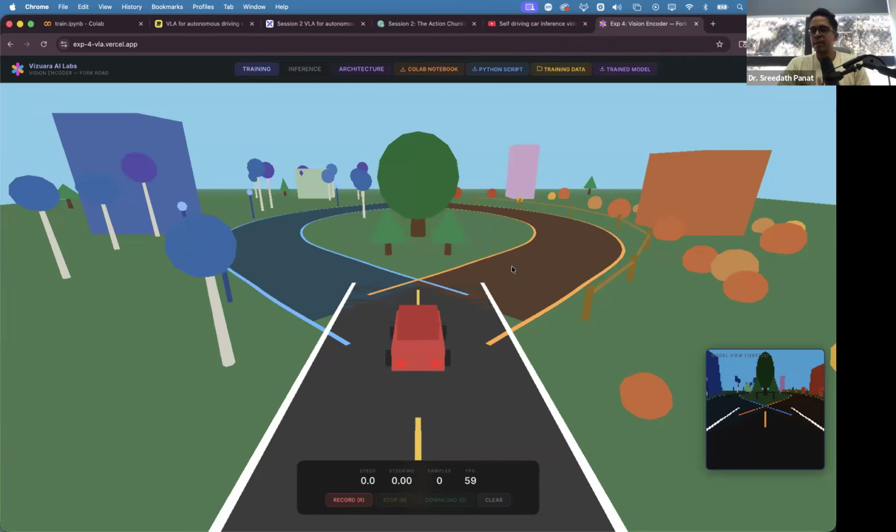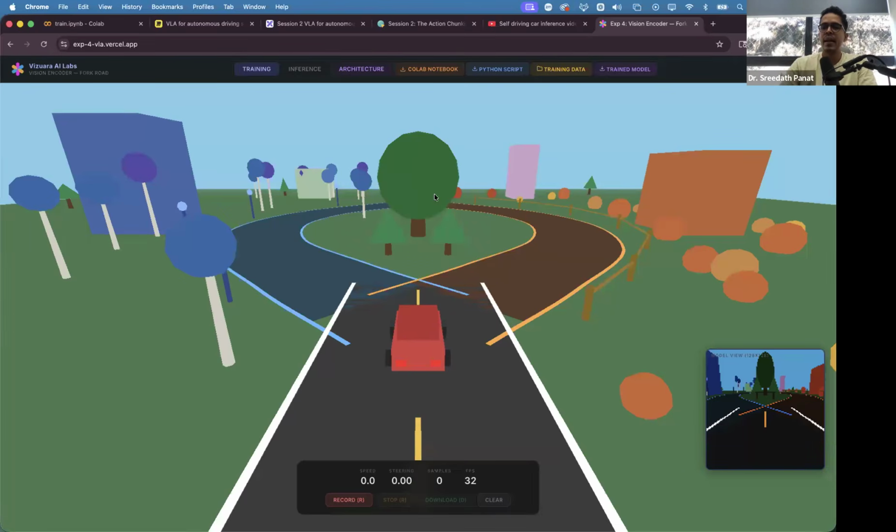My thinking is, when I collected the training data, I made sure that it is an equal number on the left and an equal number on the right. Maybe when people recorded it, they might have predominantly recorded a bit more on the right. And because of it, it has a bias towards the right. But otherwise, if you record your own training data, ideally, if it is equal, it may go and hit the tree. It has happened before for me.